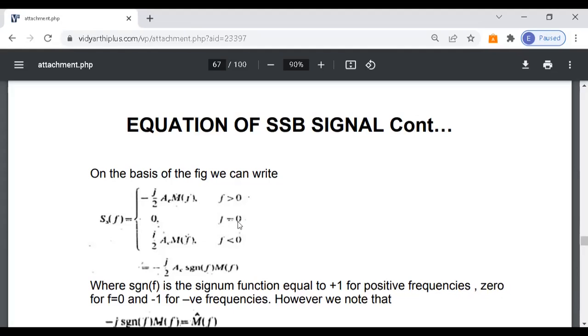For f equals 0, it is 0. And for f less than 0 it is half A_c M of f. Right? Which gives you this.